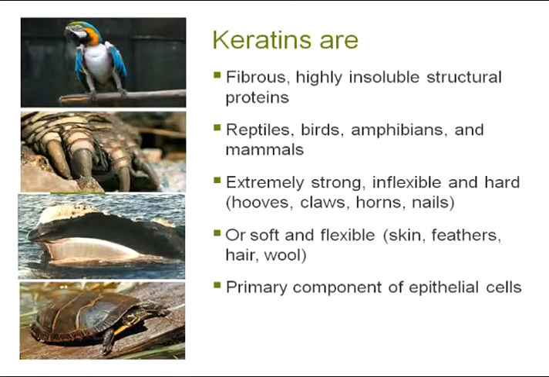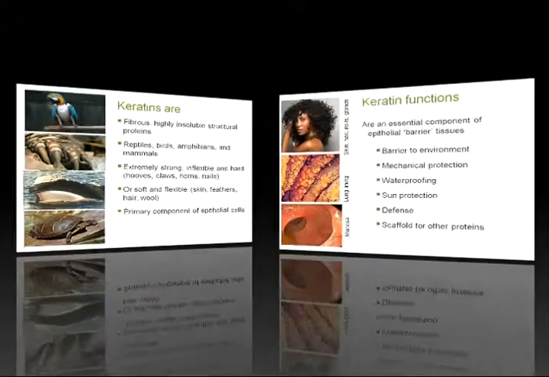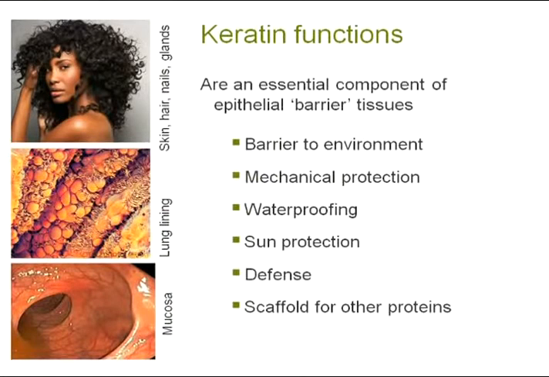They are the primary components of what's called epithelial cells. These are the cells that form the barrier to our environment. So they help to protect us mechanically. For example, that's very important for the skin or the lining inside the lungs or the lining in our guts.